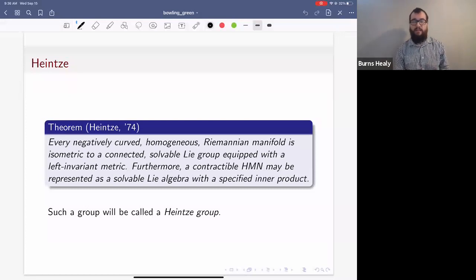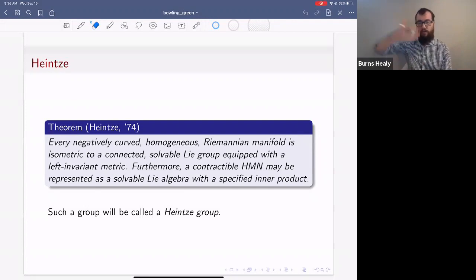That Lie group acts transitively, simply transitively on the space. Okay, so a Heintze group then will be defined as any Lie group that admits a Riemannian metric of negative curvature.